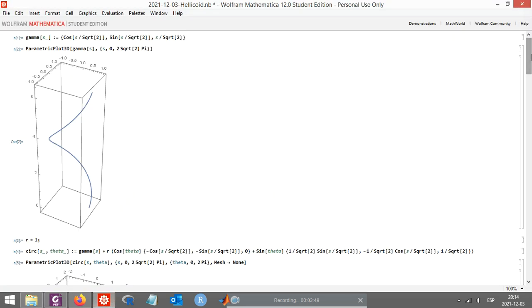and I'll show you first the gamma, which is here, the helix. I plot the helix with this.